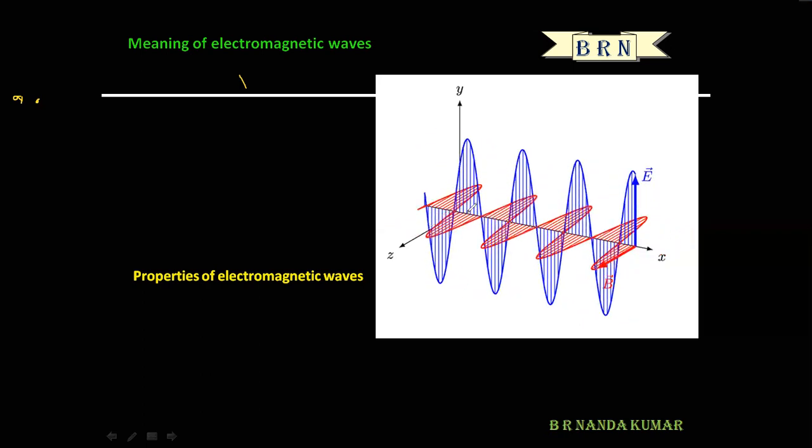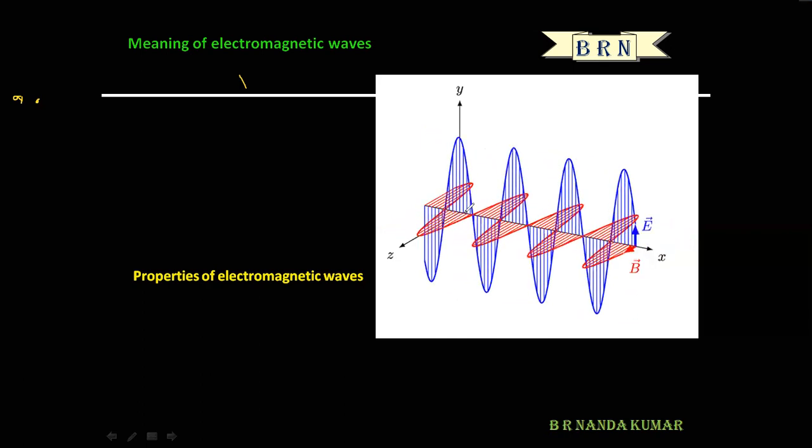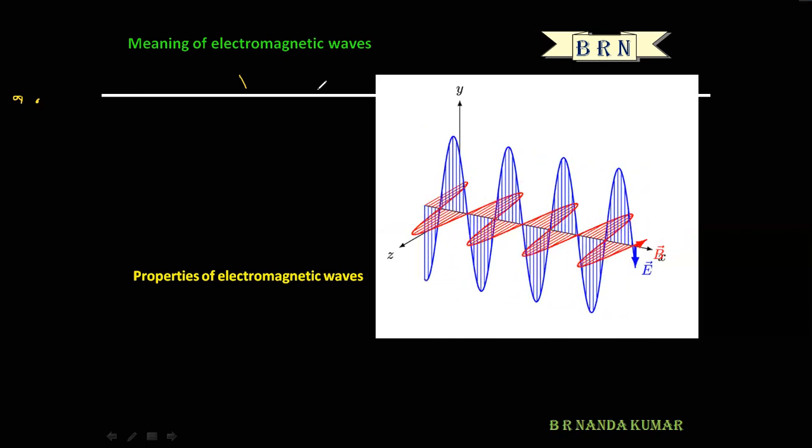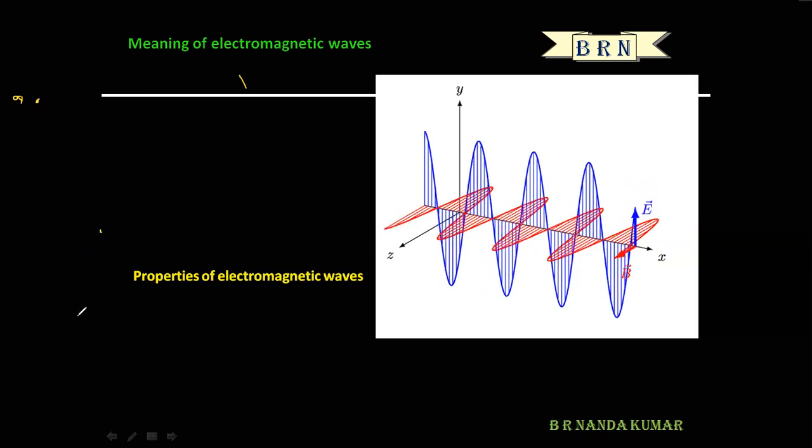The speed of electromagnetic waves in vacuum is c equals 1 divided by the square root of mu naught epsilon naught.